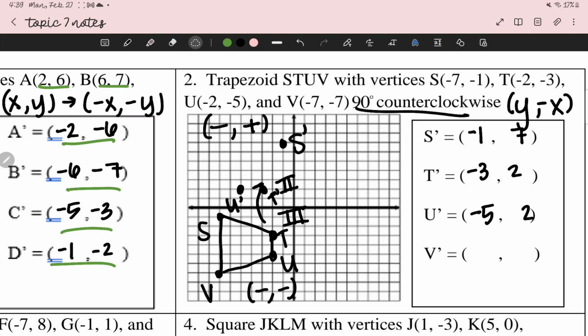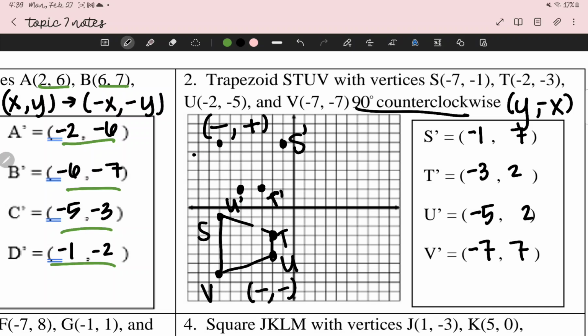And now I do need to erase this because it's in my way. Okay. -3, 2. And then finally for this one, it should be -7, 7. Okay, -7 and 7.